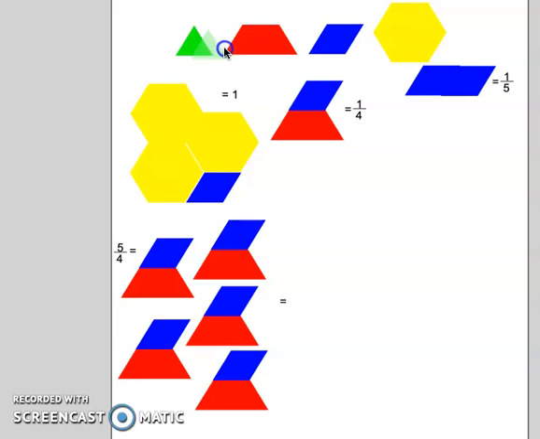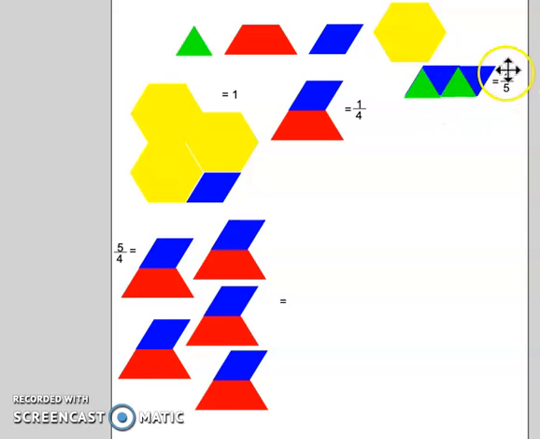So if we notice two rhombi are the same, and I'm just going to use 2 green triangles to show that 4 green triangles fit in 2 rhombi, or one rhombus is the same as 2 green triangles.